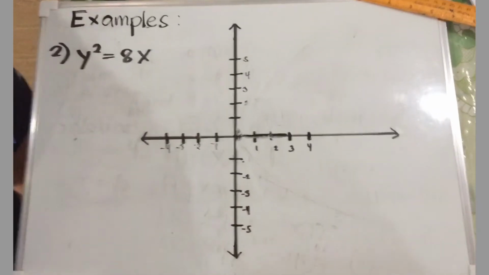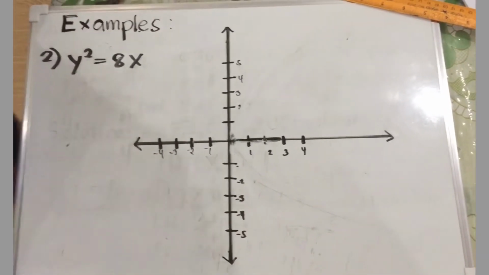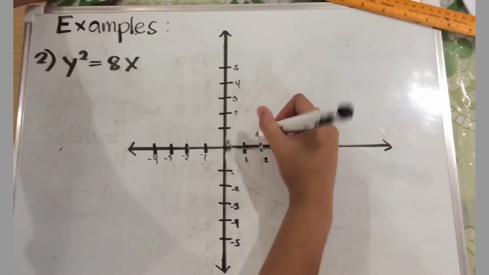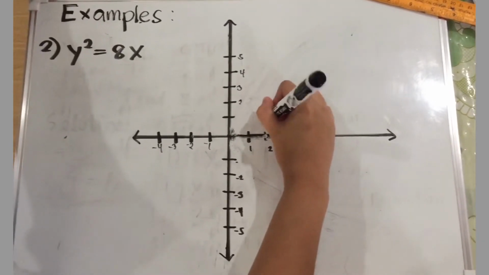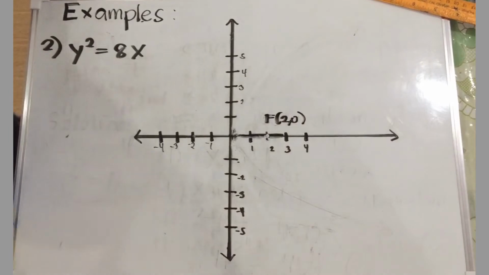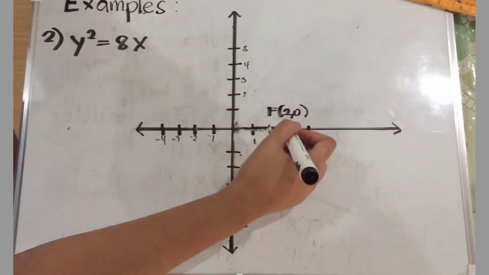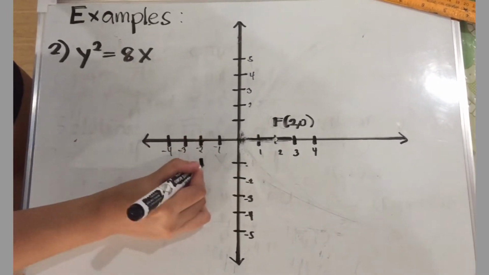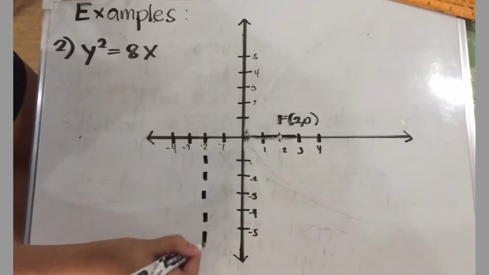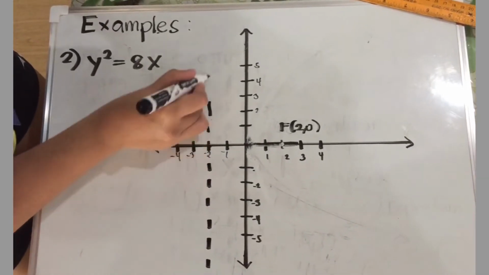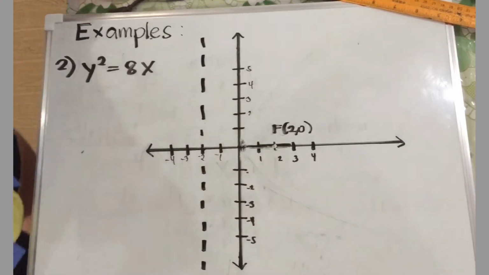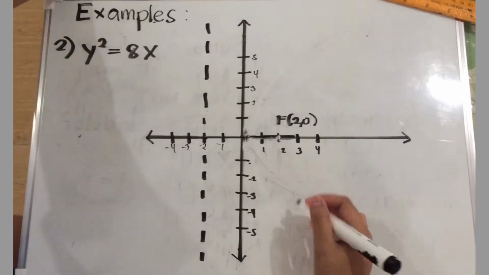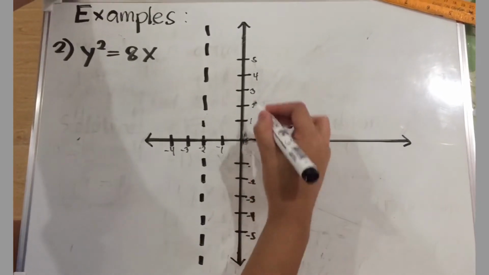So to graph the equation y squared equals 8x, the focus is at point 2, 0 here. And the directrix is opposite to the focus, and that is x equals negative 2 here. And the LR or the latus rectum is equal to 8. So we have to divide it by 2.